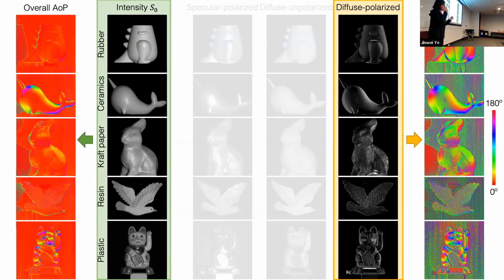It's like if you have multiple light sources or reflected light, the light that is slightly stronger than all the others, you will see the polarization of that light.